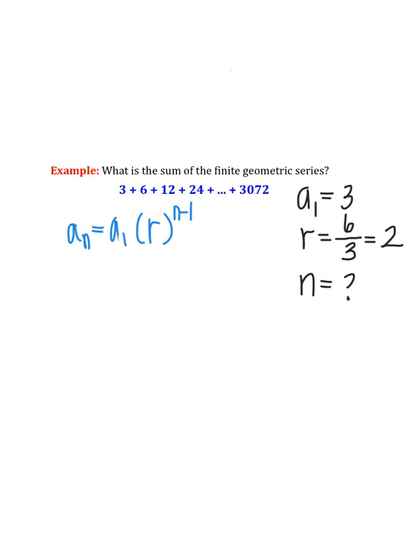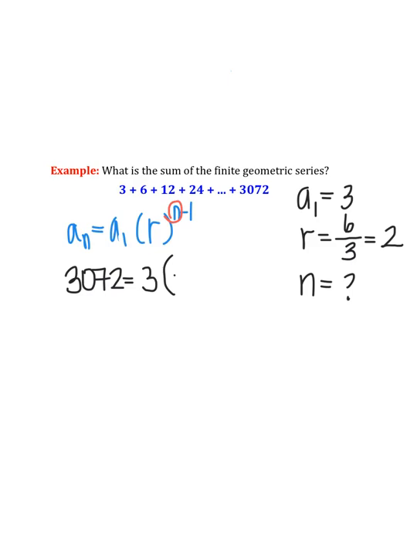Okay, I'm going to fill in what I have. I know that my a sub n term is that last term, 3072. I'm trying to figure out what number term 3072 represents. So I'm going to fill in my first term, which was 3.